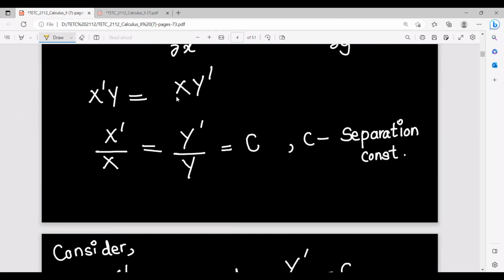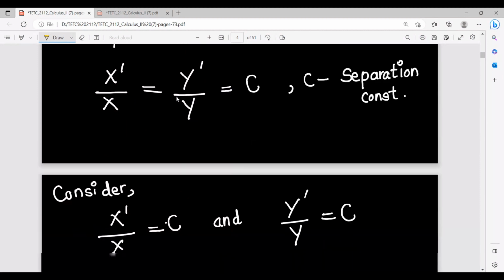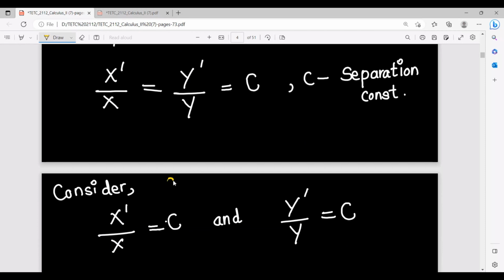It is not given in the problem; we newly added it. So what are the possibilities for this newly added constant? If we take some number, it is a number we don't know. What possibilities can it have? It can be zero, or it can be a positive number, or it can be negative. So we are going to consider all these three cases separately. So the first case that we are going to consider, this is our case 1, is by assuming this constant C equals 0.